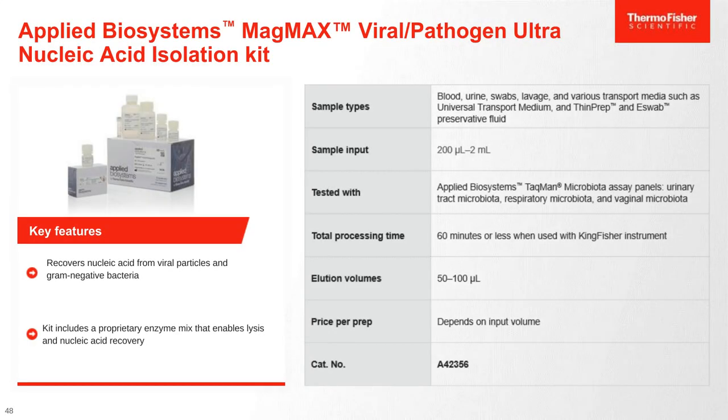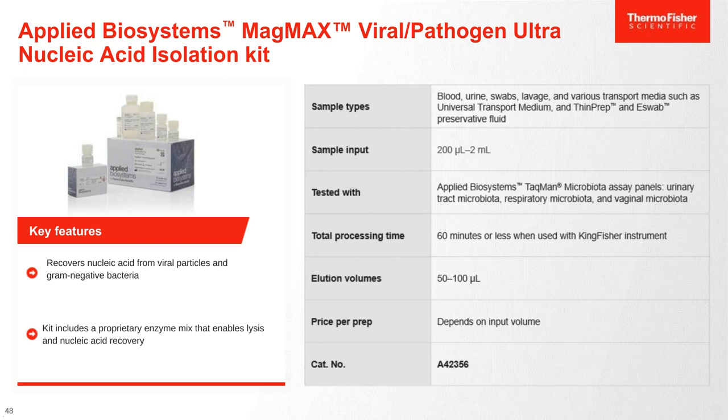So as part of the workflow for these molecular methods, one part, of course, is the sample preparation of nucleic acid. And so we do have a MagMax kit specific for that, the MagMax Viral Pathogen Ultra Kit. Very similar to our MagMax Viral Pathogen kit, except it has an additional enzymatic digestion to help lyse the gram-positive bacteria as well as yeast and fungi.